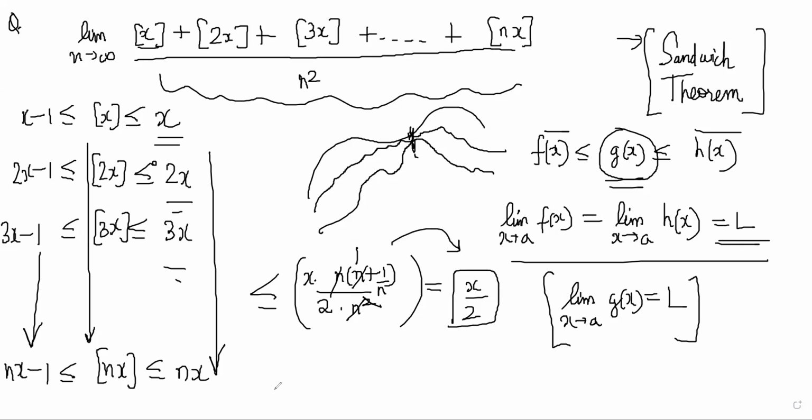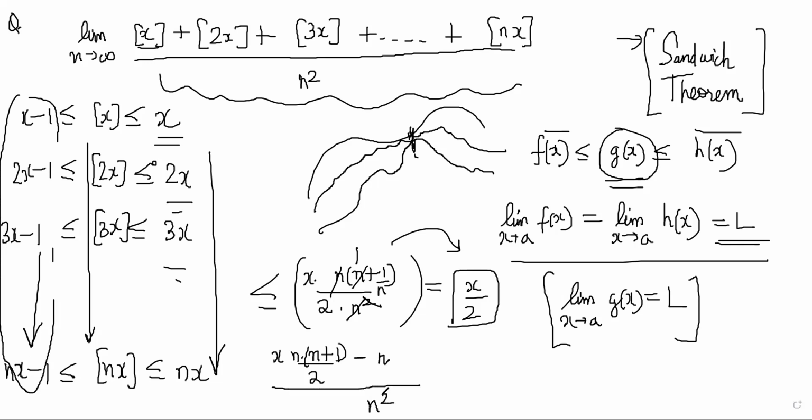Now let's see what happens to the lower function. The lower function is actually x common n into n plus 1 by 2, but you have to subtract n from it, divided by n square. Notice that this is also x by 2 times 1 plus 1 by n minus 1 by n.